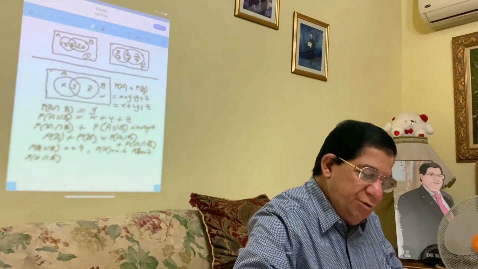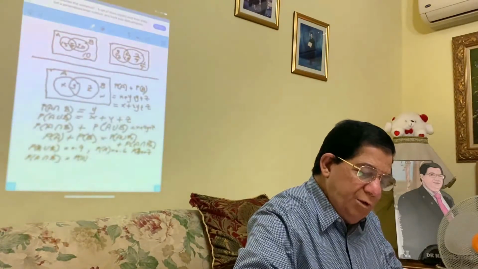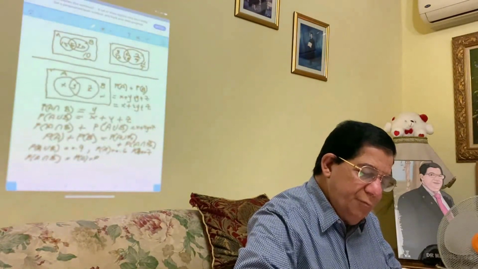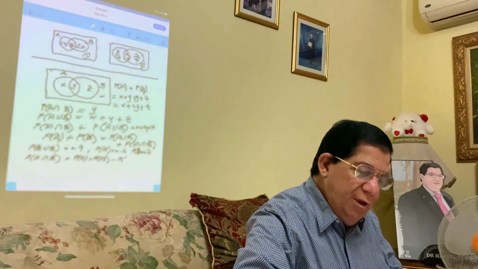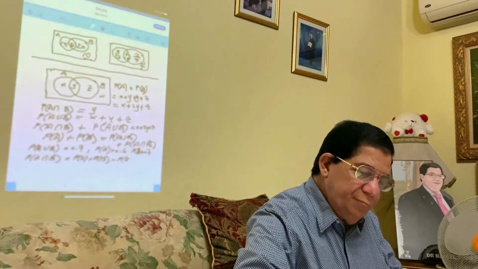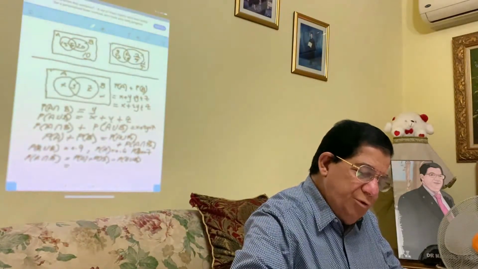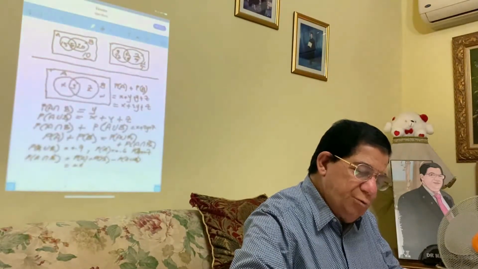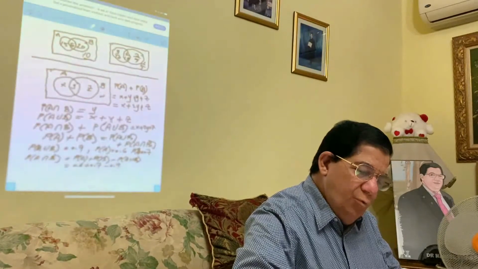So we say this is equal to the probability of A plus the probability of B minus the probability of A union B. The answer is we add 0.6 plus 0.7 minus 0.9, we get 0.4.